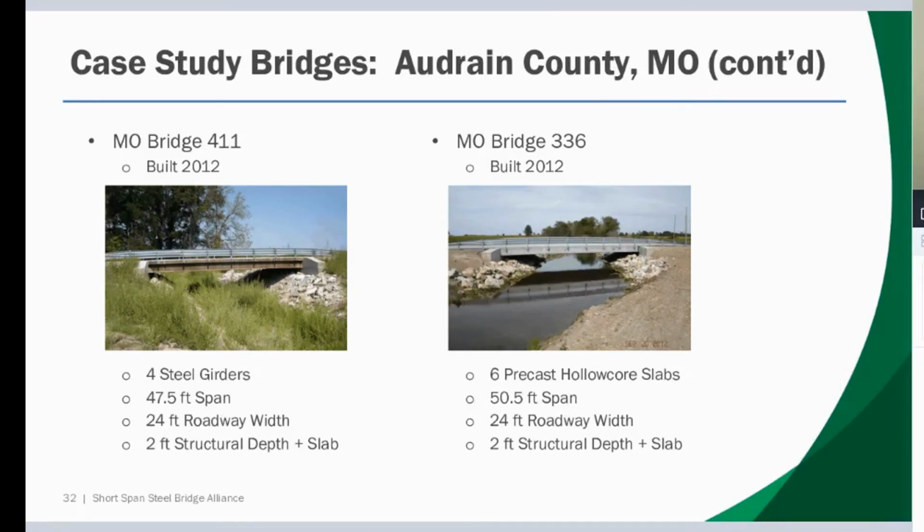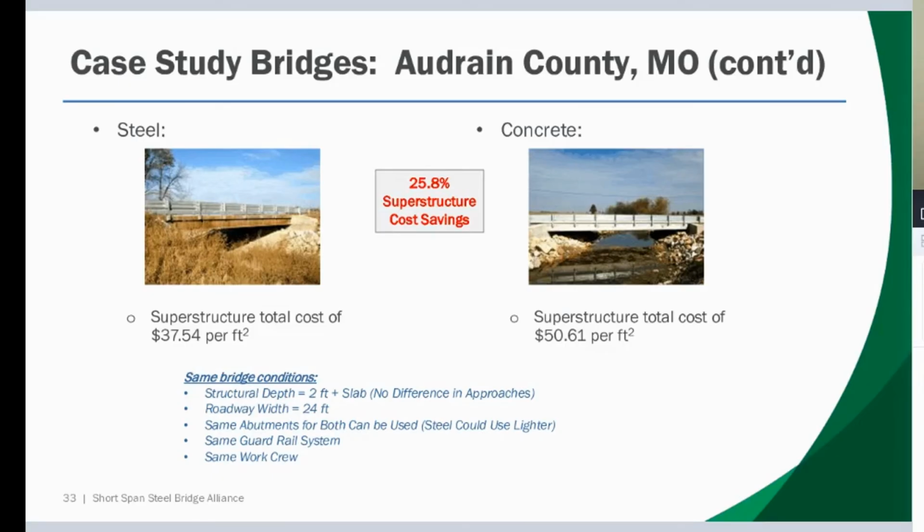Just one utilized a steel superstructure and one utilized a concrete superstructure. And when you look at the cost of the superstructure in a cost per square foot fashion, what you find is that the steel bridge came in at about $37 or $37.50 a square foot versus the concrete bridge, which came out at $50.60 per square foot.